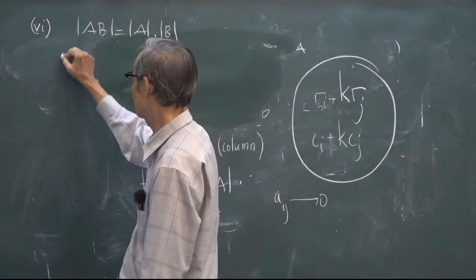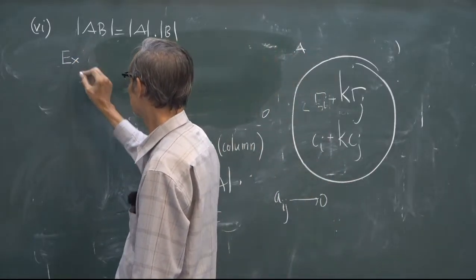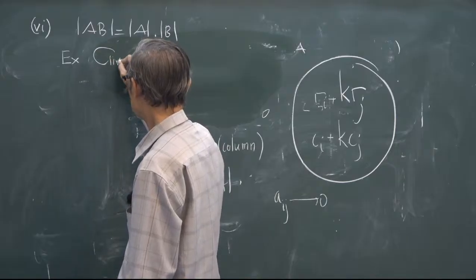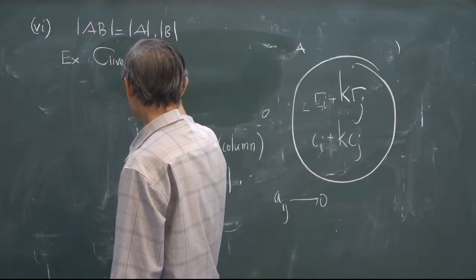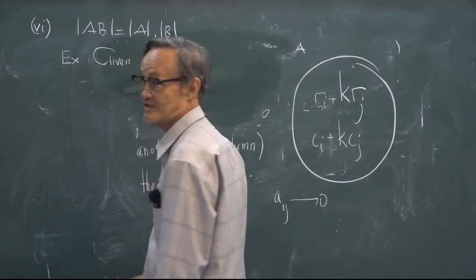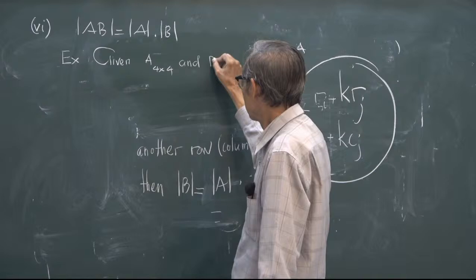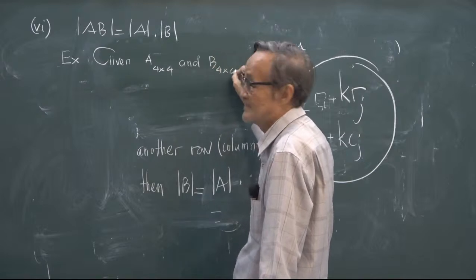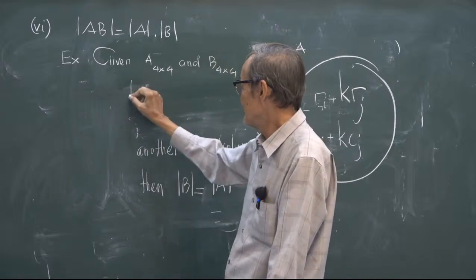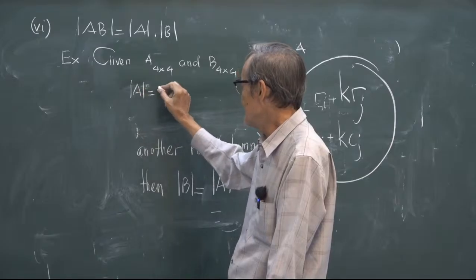For example, given A 4 by 4 and B 4 by 4. The determinant of A is 3.